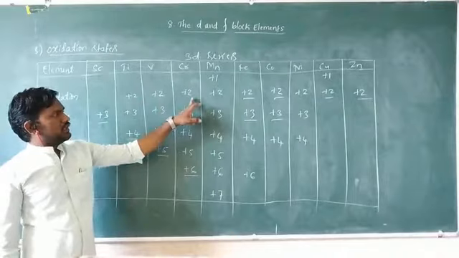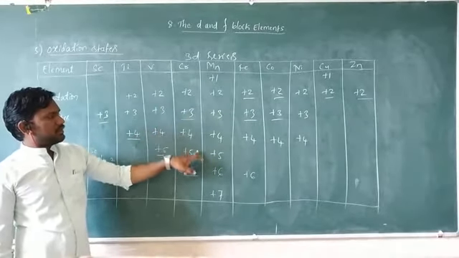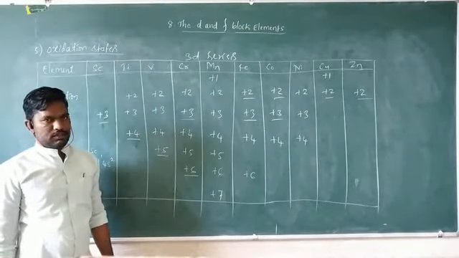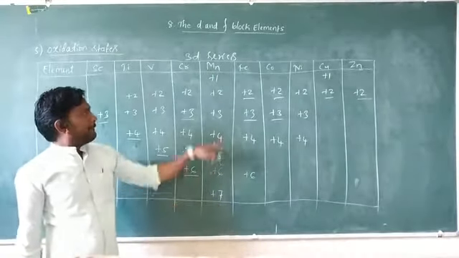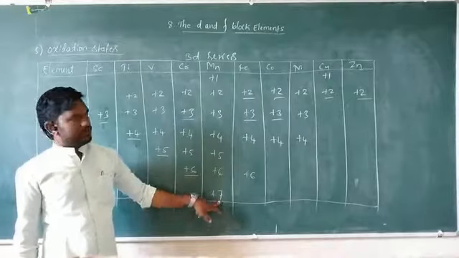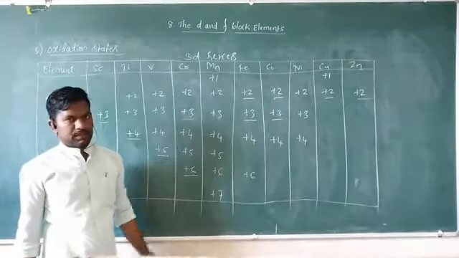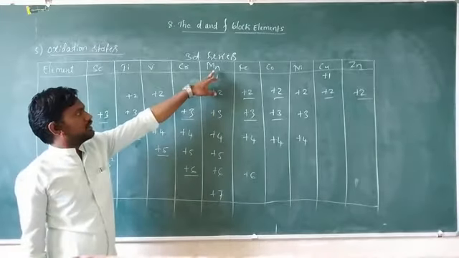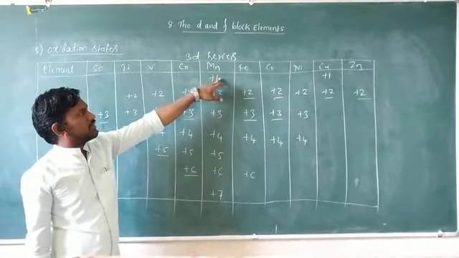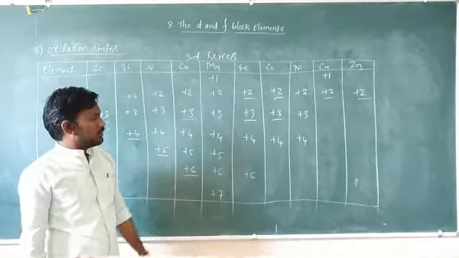Chromium exists in +2, +3, +4, +5, +6. The maximum oxidation state is for manganese, +7, with +1, +2, +3, +4, +7.